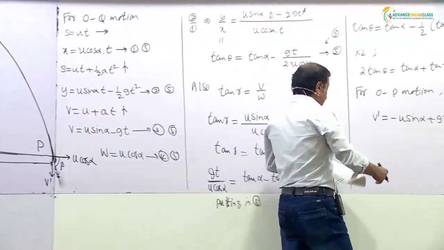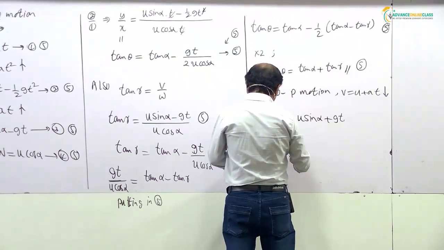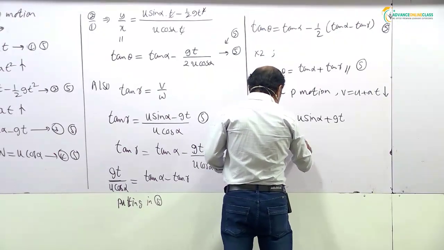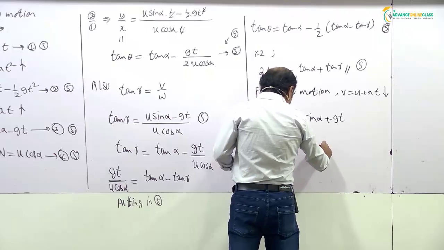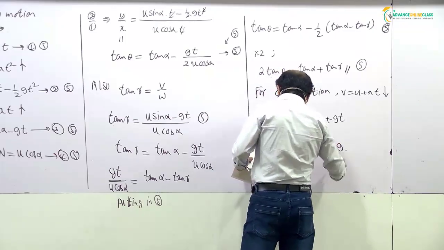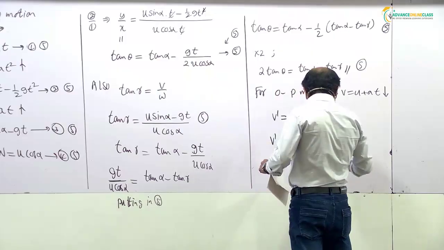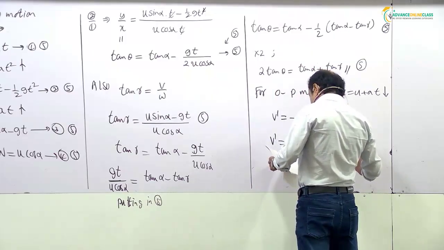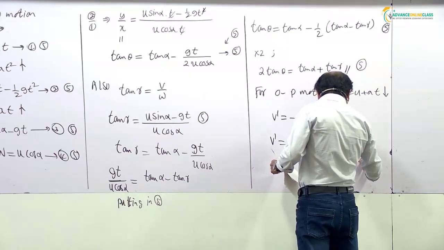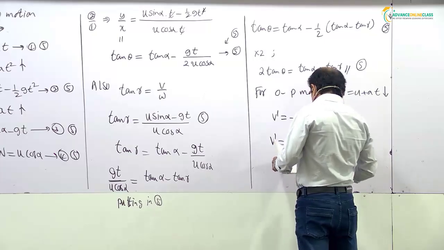T is 2h over U cos alpha. V dash minus U sine alpha equals G times 2h over U cos alpha. Right, for this 5 marks.